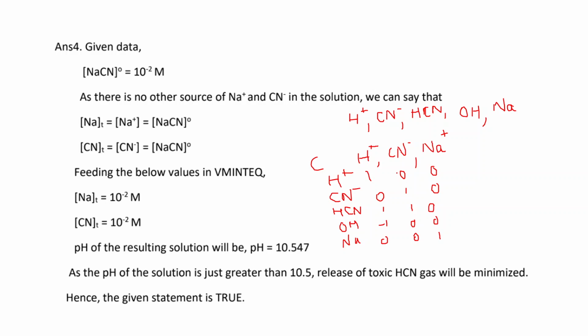So CN total is 10 raised to power minus 2. No other source is there. Na total is 10 raised to power minus 2. And what is our H plus total?